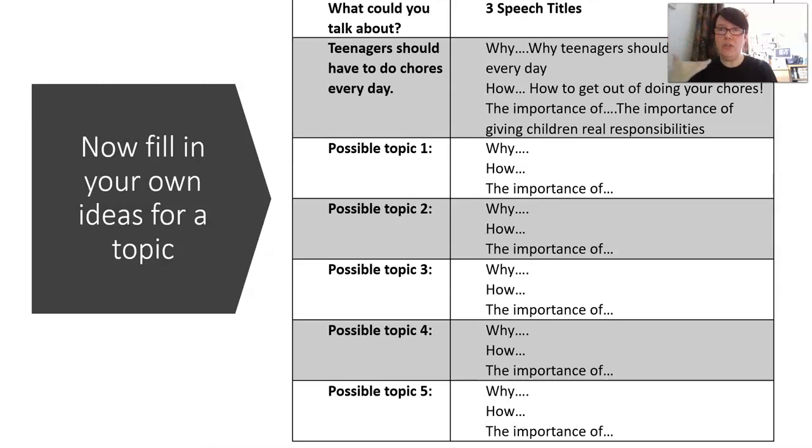And you're going to do that for 5 of the possible topics that you just wrote in the previous table. So again, you can fill this in the table on the Word document, or you can write it in your English book and email a photo of it over. The examples are all there for you, so you can just go ahead, choose 5 topics and have a go at writing different speech titles for them.